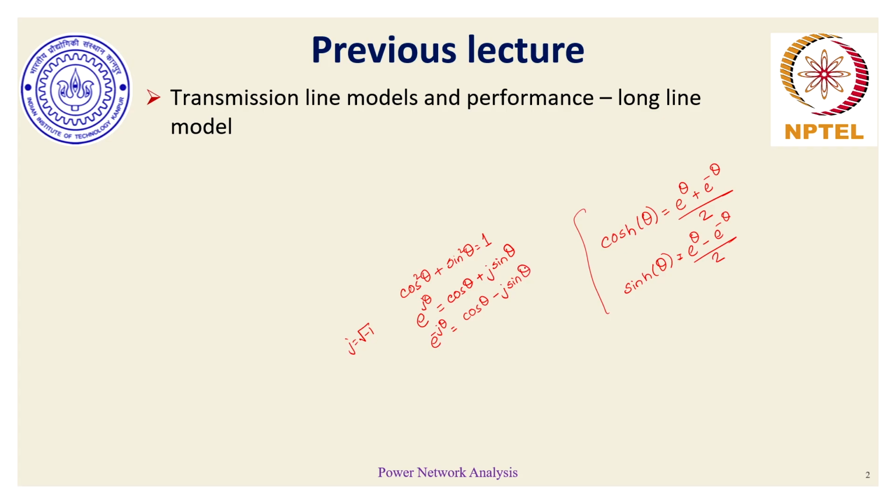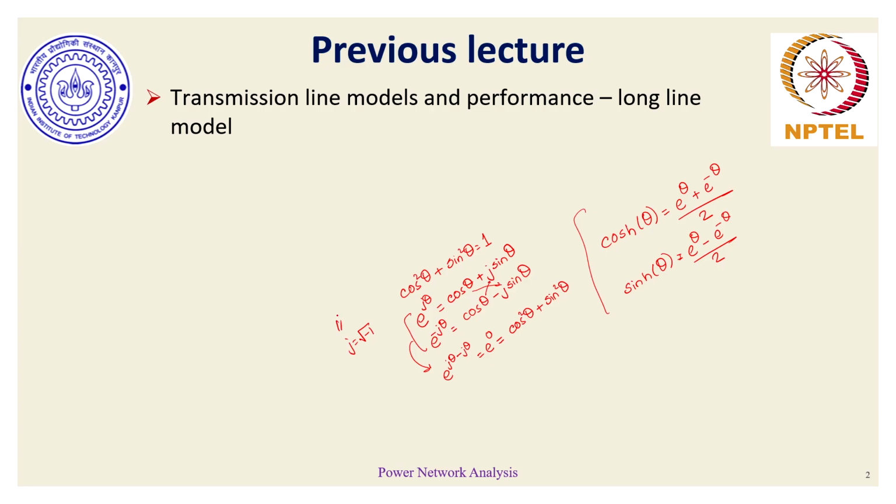Now, if I multiply both these equations, I get e to the power j theta minus j theta, which is essentially e to the power 0, is also equal to cos square theta plus sin square theta. The imaginary terms get cancelled because cos into sin has a negative sign here, whereas cos into sin has a positive sign here.